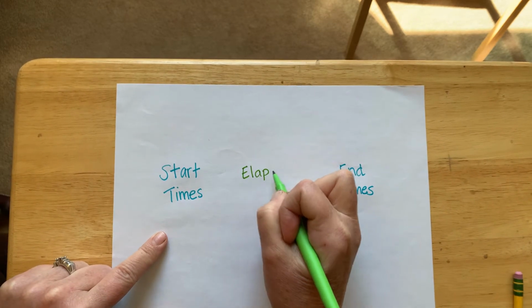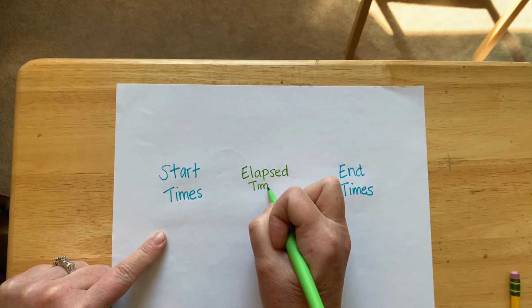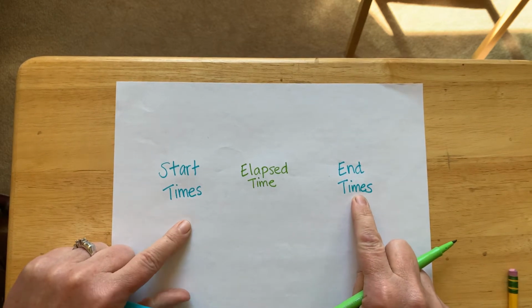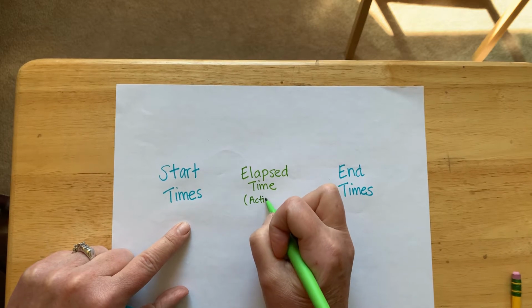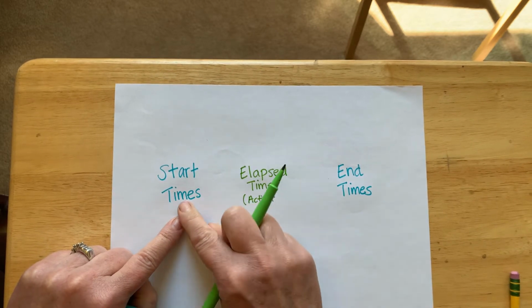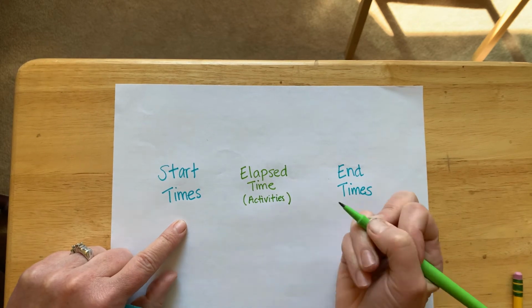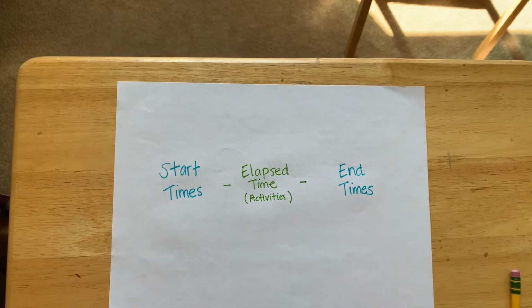Elapsed time is the time between the start time and the end time. This elapsed time was all the activities that people did between the start time and the end time.